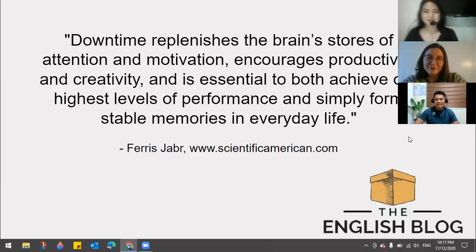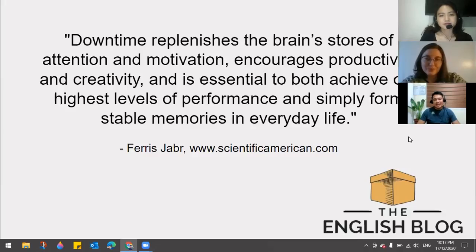ScientificAmerican.com says, "Downtime replenishes the brain's stores of attention and motivation, encourages productivity and creativity, and is essential both to achieve our highest levels of performance and to simply form stable memories in everyday life." So that simply says that our brain actually never stops working even while we're resting, but at least it has some downtime.